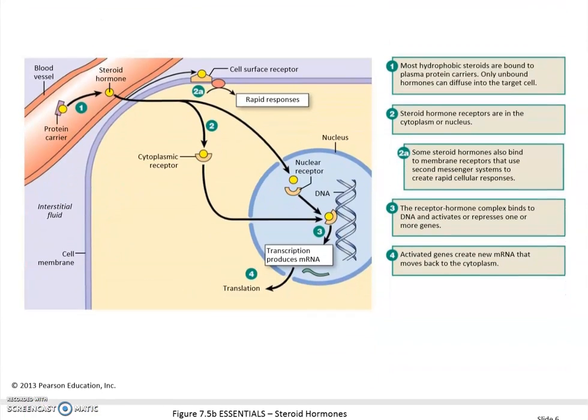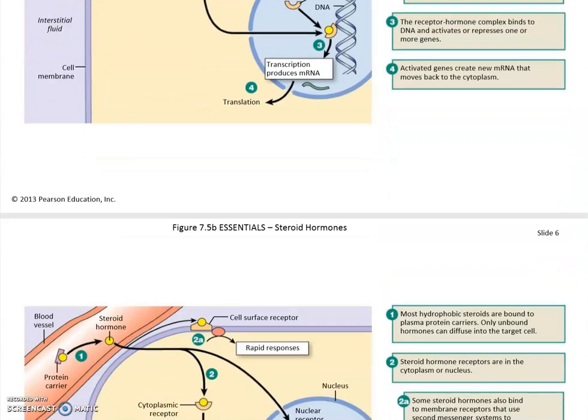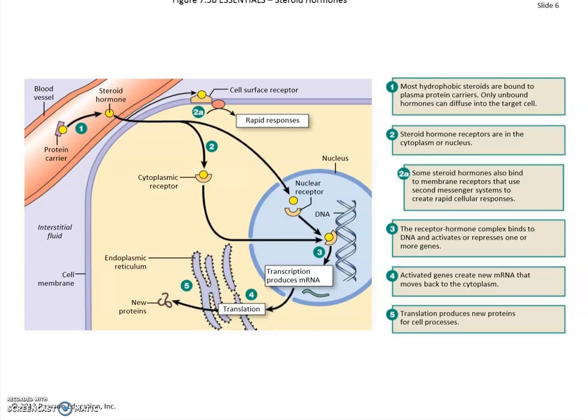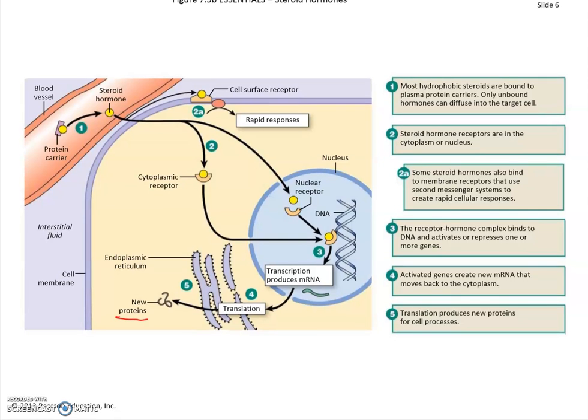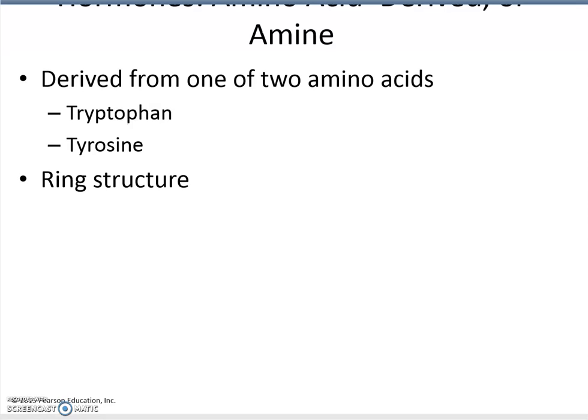And so now here we have certain genes being turned on or turned off, and so you have an altered pattern of transcription of messenger RNA, and that leads then to the various proteins by translation, and eventually we have these new proteins or altered pattern of proteins that then leads to the cellular response. Okay.